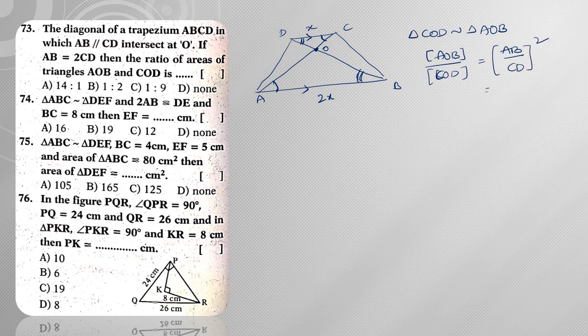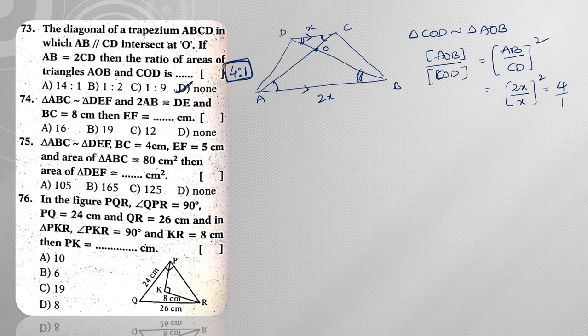Already AB I have considered as 2x, CD is x. So it's whole square, which gives me 4 is to 1. Hence the answer is 4 is to 1. So there is no option 4 is to 1, right? So hence the answer is none. But in examinations, he might give the options. Hence the answer is 4 is to 1 here.